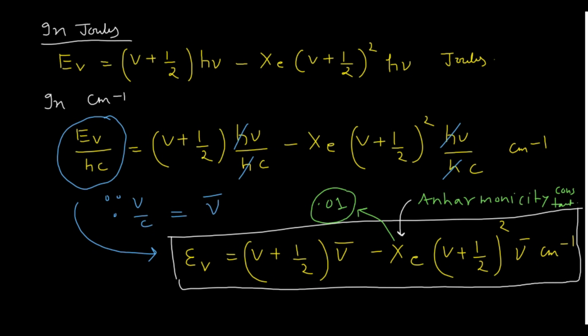Okay, and if you want to calculate this anharmonicity constant, you can use this formula: anharmonicity constant XE equals nu bar over 4 of DE, where DE is the dissociation energy.